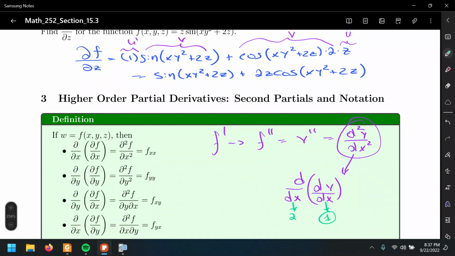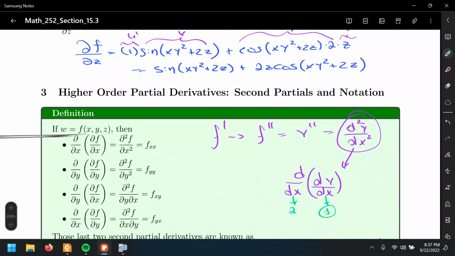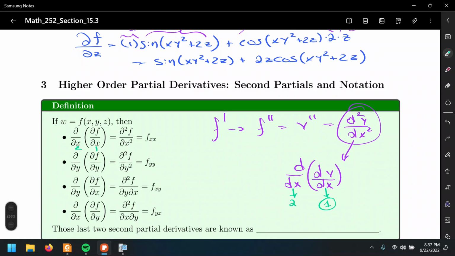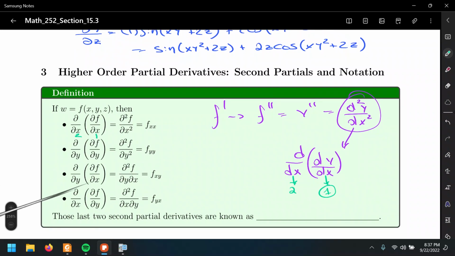This is important because of the notation for the second partial derivatives. If we use the Leibniz notation, we do this number 1, number 2. For x alone it won't make much difference, but it makes a difference when we differentiate with respect to one variable and then with respect to another.